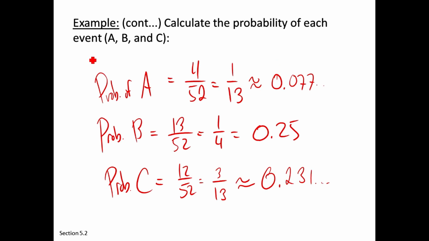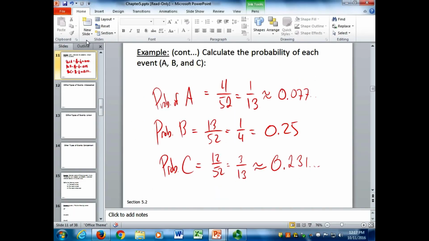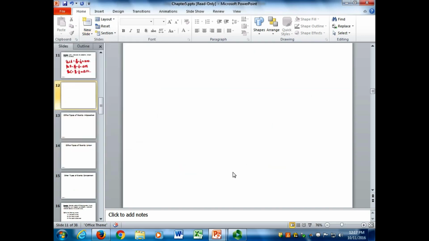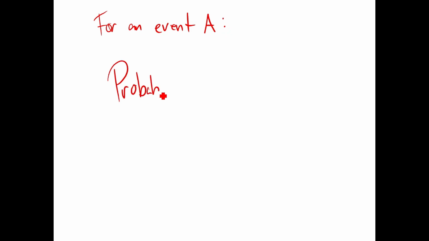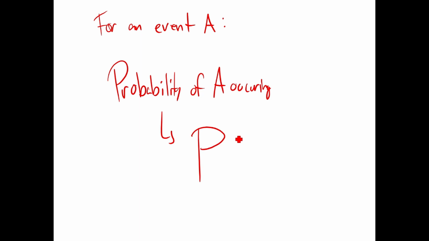Also, let me go ahead and put this notation. I don't know why I didn't put a slide there for it. So the notation we use, say you're talking about an event A, to say the probability of A occurring, we just shorthand it and say P of A. So when you see that big P of something, just read it as the probability of that event.